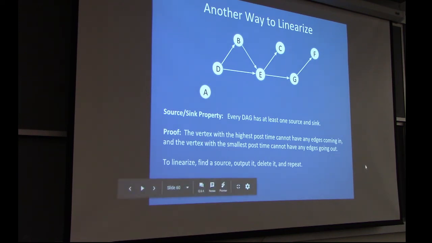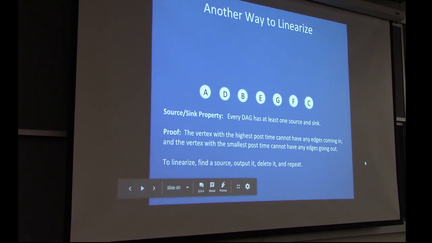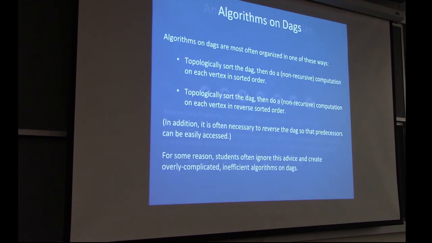Now there's still one source, D, so it becomes next in the sort. That graph has one source, B. That graph has one source, E. Now you've got 2 choices, either C or G, they're both sources. Now you've got 2 choices, those are both sources. And finally one. So that's another way to do it, but it's simpler to use the pre and post times. Actually, post time is all that matters.